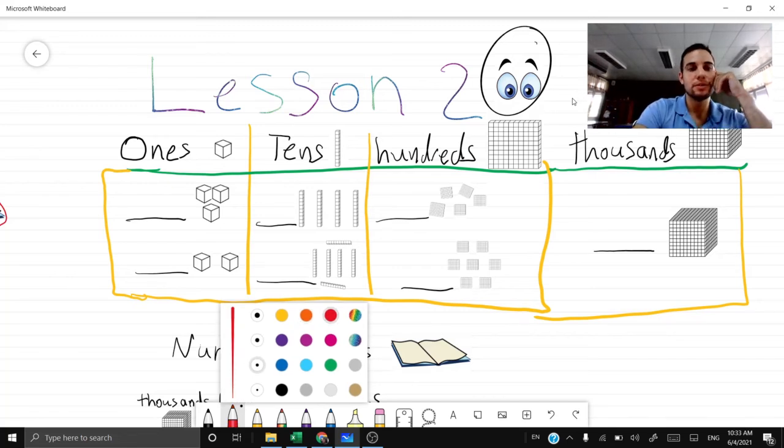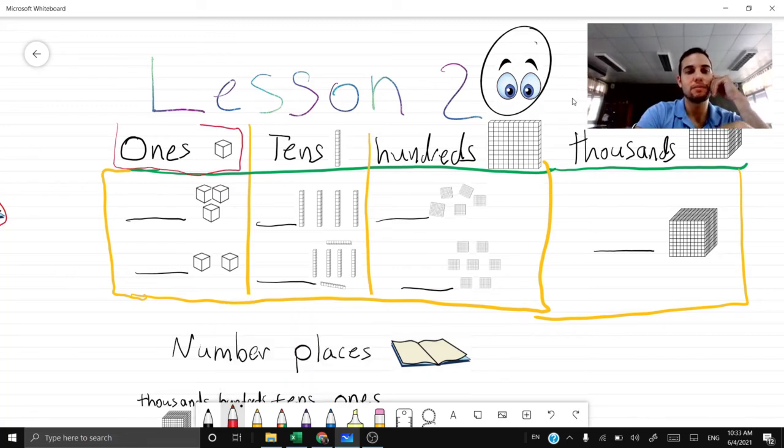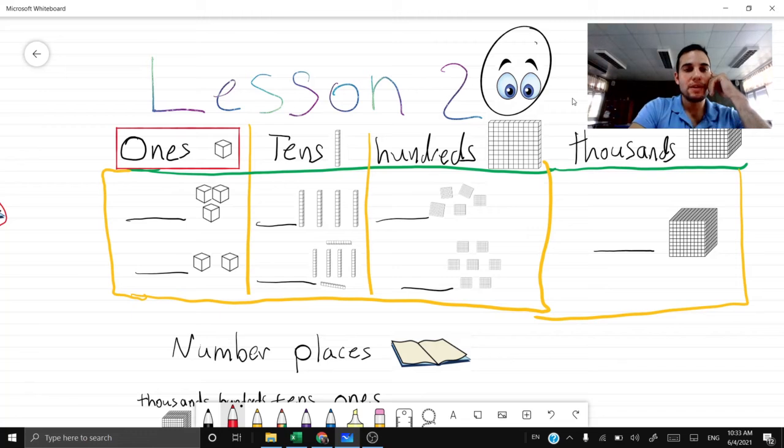This is called the ones place. These are one single cube, just one cube, and that is called ones. So let's count how many cubes we have. 1, 2, 3.